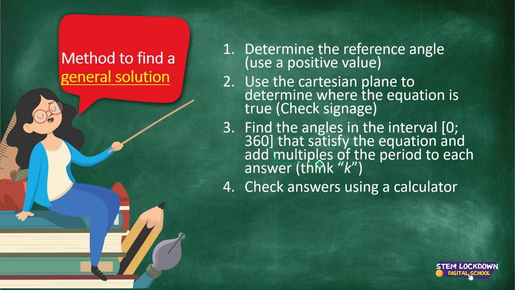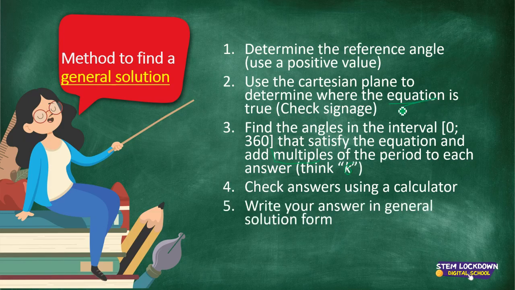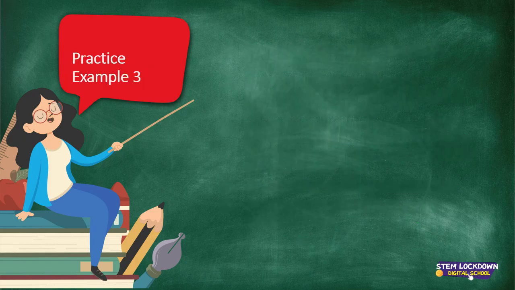So you will substitute your k with a 1 or a 2 or a 3 quickly, just to check that your answer is still correct relative to your equation. Finally, you will write down your answer in general solution form, which differs from your specific interval form, right?